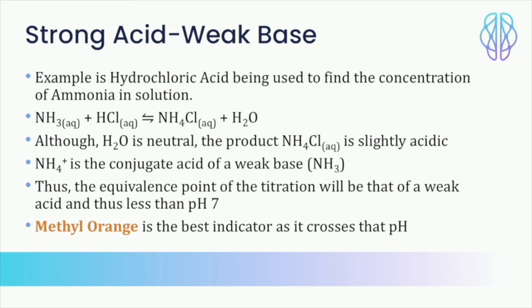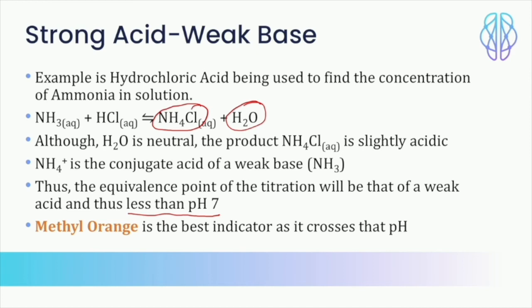Thus, although water is neutral, NH4Cl, so ammonium chloride, will be slightly acidic. So if we use bromothymol blue again, as in our previous example, it's going to be completely useless because the equivalence point will be less than 7 in an acid-base titration involving a strong acid and weak base.